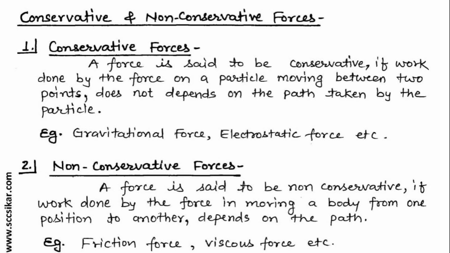Gravitational force depends only upon the positions, never upon the path, as the path can be changed by other factors like air resistance, but at last the object falls under the effect of gravity. And a non-conservative force is one where the work done in moving a body from one position to another depends upon the path. For example, friction force. Friction force always depends upon the path and the nature of the path.